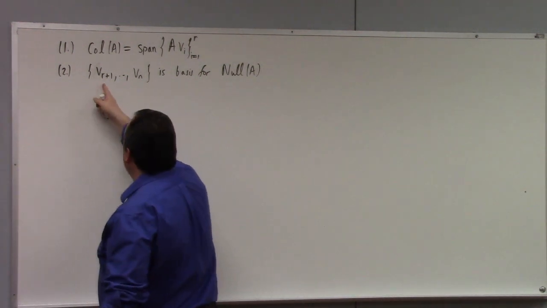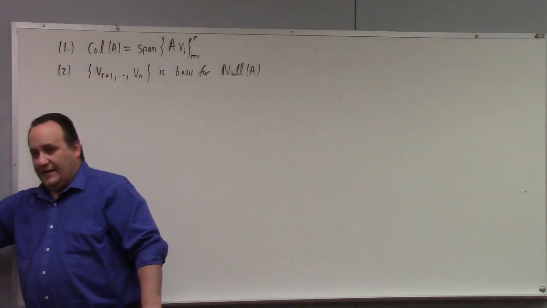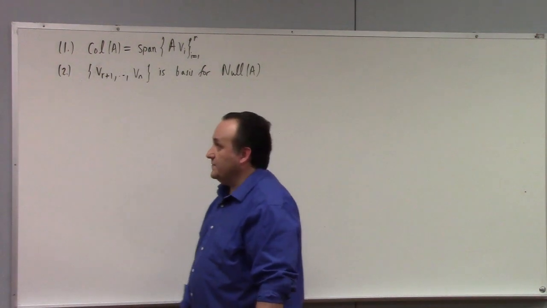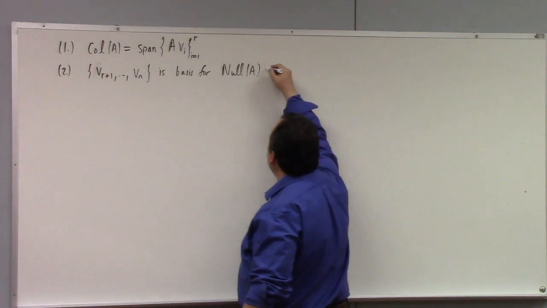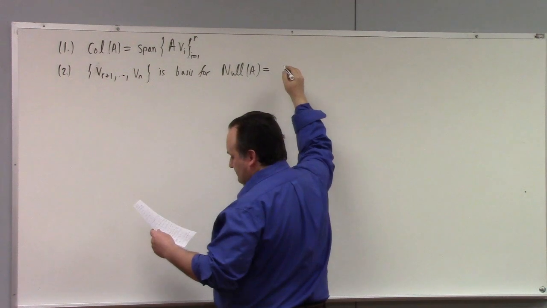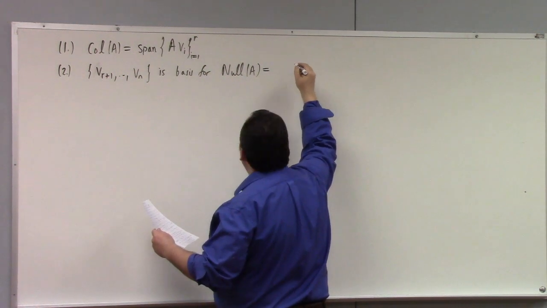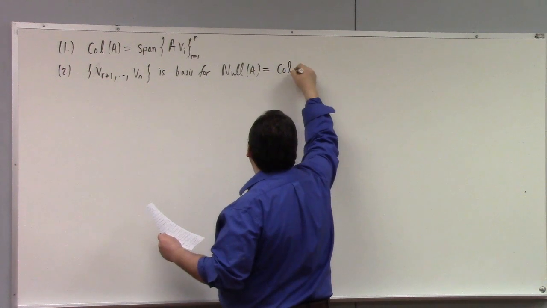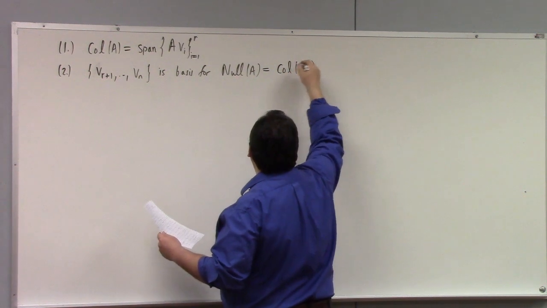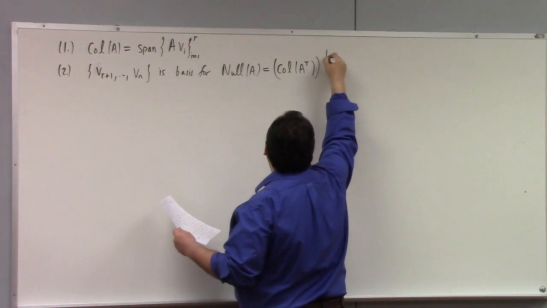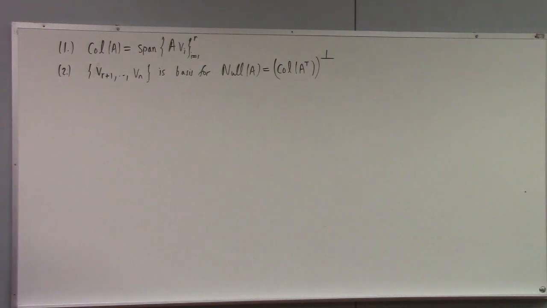Being a linearly independent set of vectors which annihilates A, it's a basis for the null space. And another way to look at the null space is it is actually the column space of A transpose perp. There's a new idea. Does that make sense to you guys?